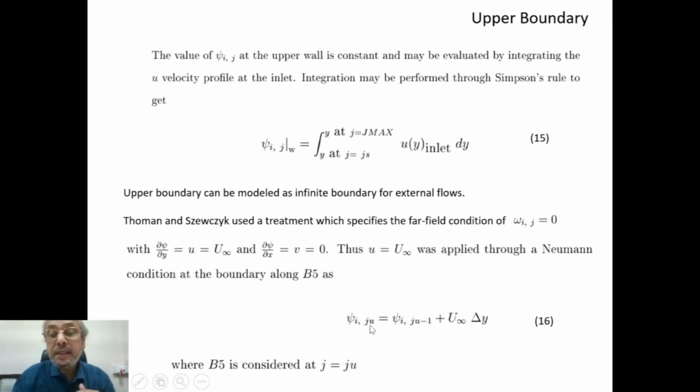So ψ(I, Ju) equal to ψ(I, Ju minus 1) plus u∞ into delta y. Here delta x and delta y are the same, but for generality I have written delta y. This is equation 16, where B5 is considered at j equal to ju. What I said means the topmost boundary is at j equal to ju.